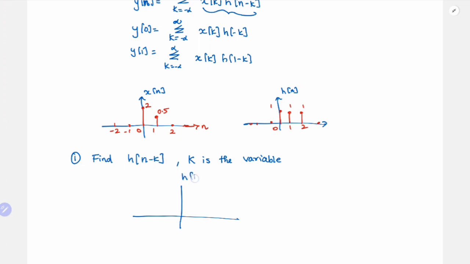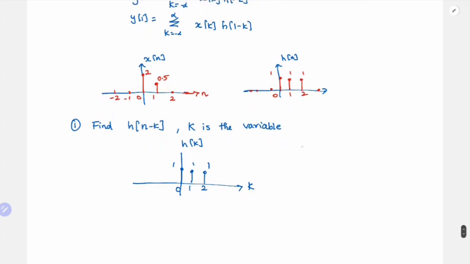So you have, let's say, h of k first. It's nothing but 1, 1, 1, at 0, 1, 2, which is k. And h of minus k, how will it look? It's just a reflection about the y-axis. So it is at 0, minus 1, minus 2, 1, 1, 1.